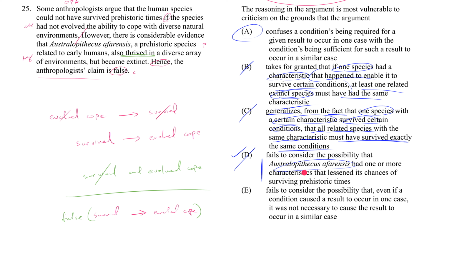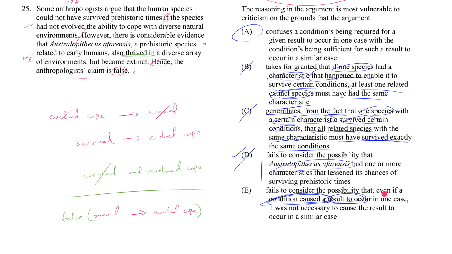All right, and lastly, E says, fails to consider the possibility that even if a condition caused the result to occur in one case, it was not necessary to cause the result to occur in a similar case. Now, what this means is that let's take a causal condition, right? Some cause of some result.